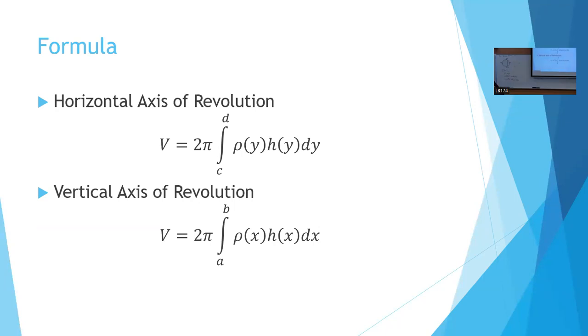Remember, with the shell method, horizontal axis of revolution, we're integrating with respect to y. Vertical, I'm integrating with respect to x. That is the reverse of the disk method. And that's also why it's nice to have.